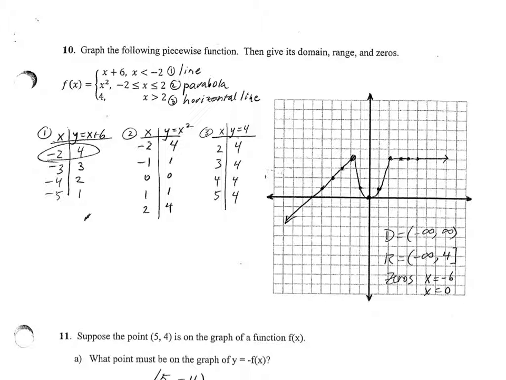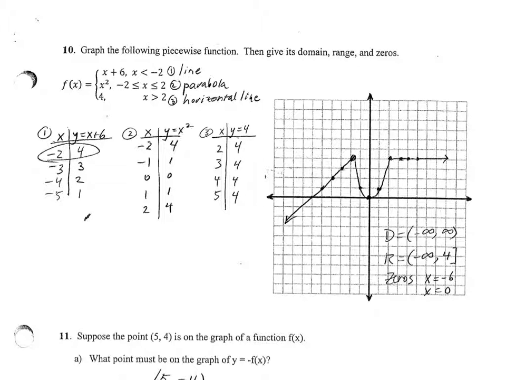As per the instructions I gave you guys in class, I want you to create 3 tables of points. So for part 1 of the piecewise graph, the values of x we pick are -2 and less. The values of y are found from the equation y equals x plus 6. So I did some simple math to get 4, 3, 2, and 1 for the y values.